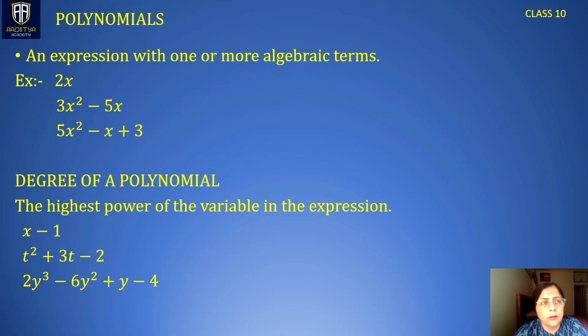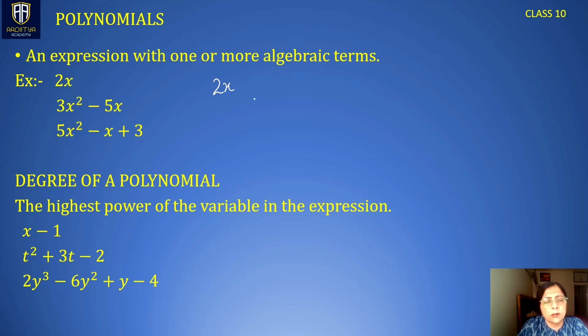What is a polynomial? We have been studying polynomials for the last few classes, like 8th and 9th: an expression with one or more algebraic terms. What is an algebraic term? An algebraic term is an expression which has a constant accompanied by some variable.